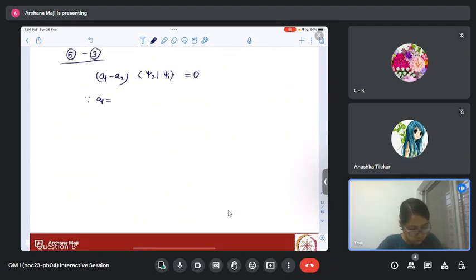Since A1 not equal to A2, so we get psi 2 psi 1 inner product is equal to 0.